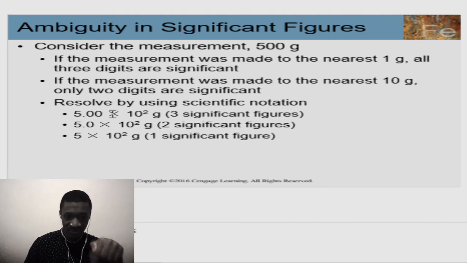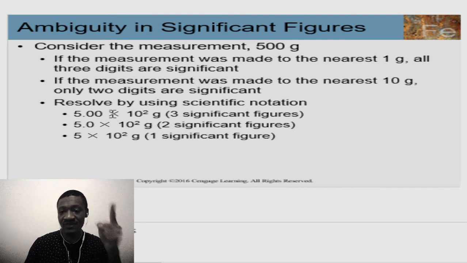The next one is the same: 5.0 times 10 to the power 2. When you take away the exponential notation, you still have 500. And the last one, with 1 significant figure, 5 times 10 to the power 2. Once you take away the notation, you still have 500.